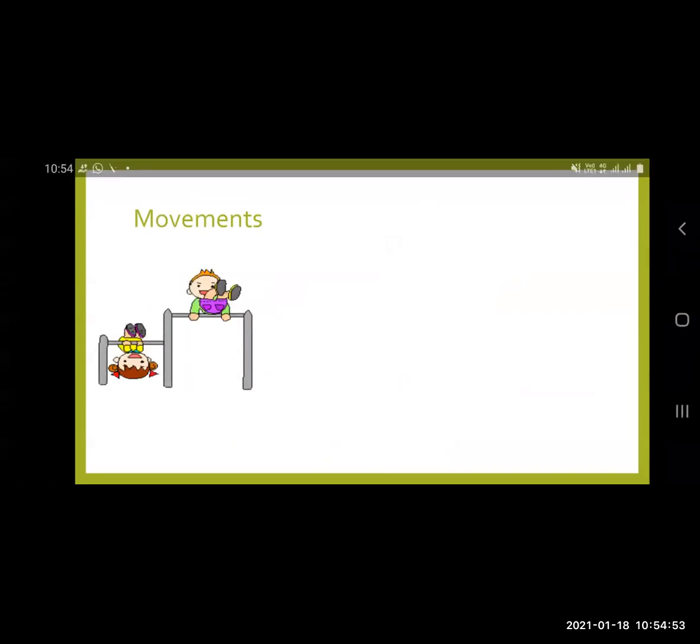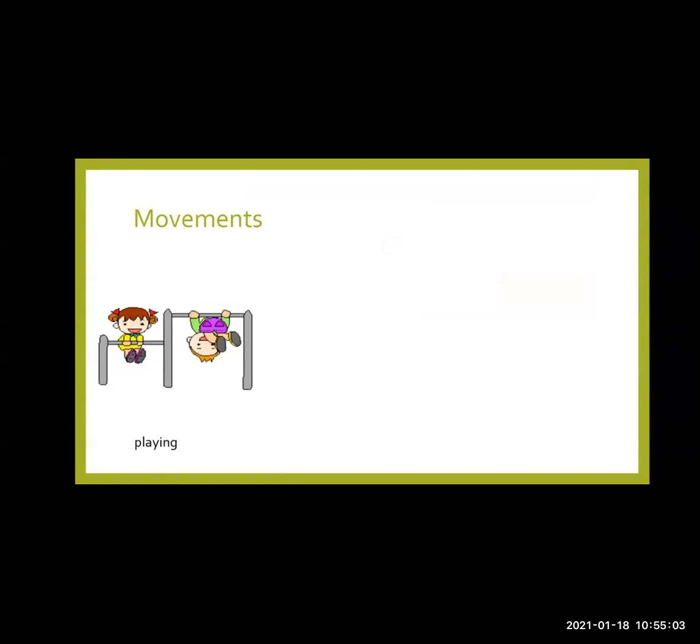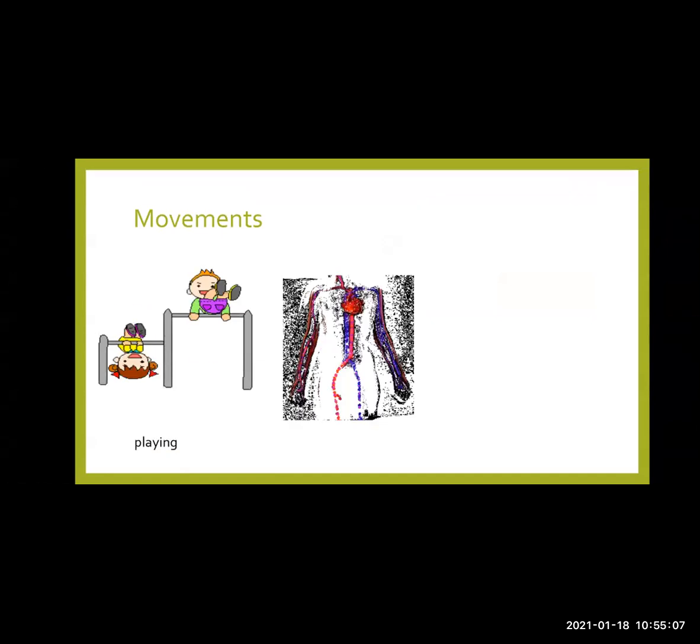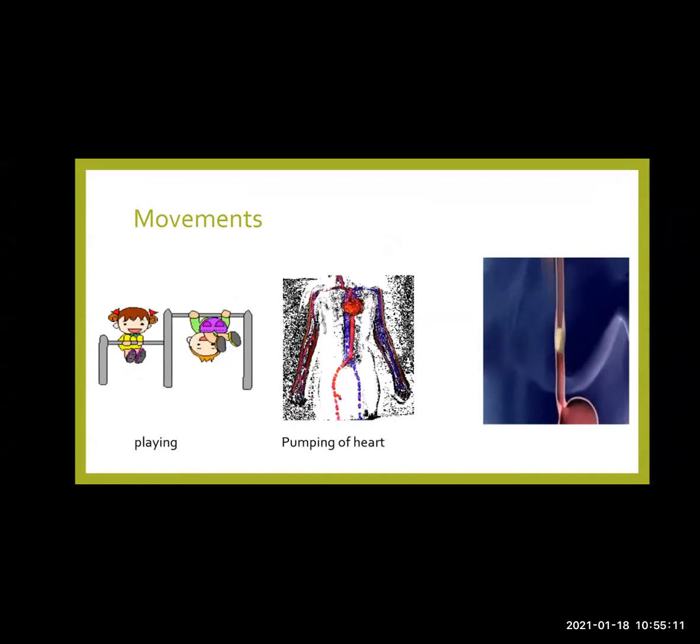Now, to start with the topic of today, we all perform different types of movements in the entire day. Running, walking, writing, talking. Out of this, certain activities are voluntary, whereas some activities are involuntary.